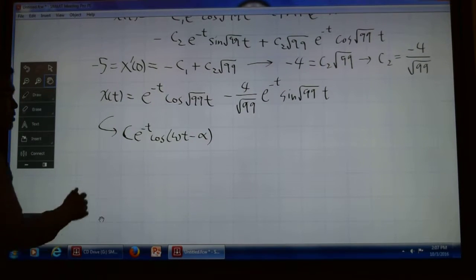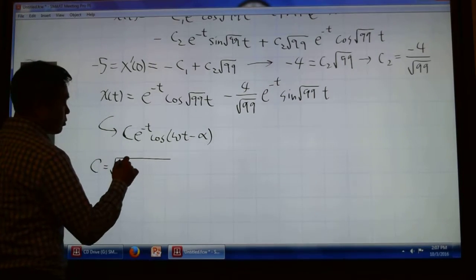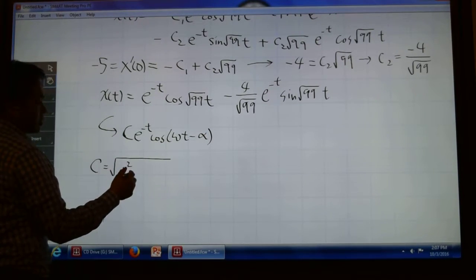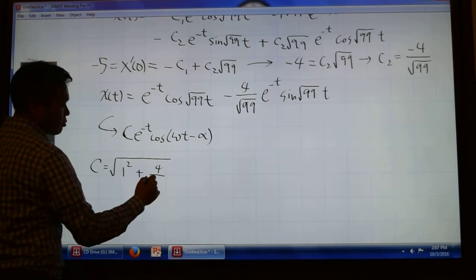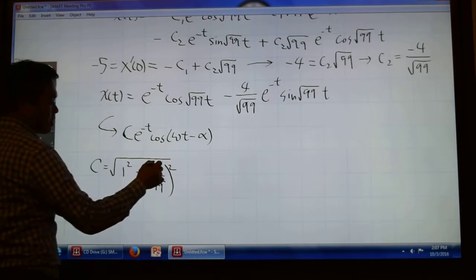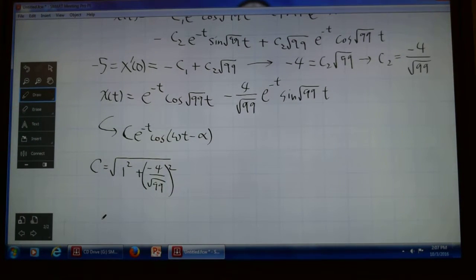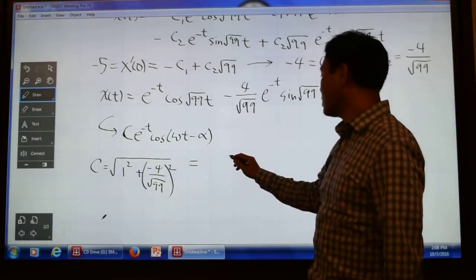Let's try to find the value of c. C is the square root of 1 squared, because that's 1 here, and then the other number is 4 over square root of 99 with a minus. Doesn't matter because if you square a minus, it's plus.